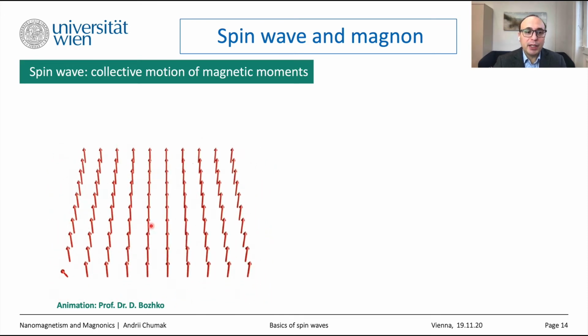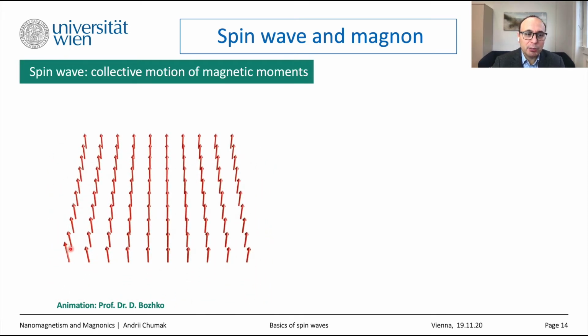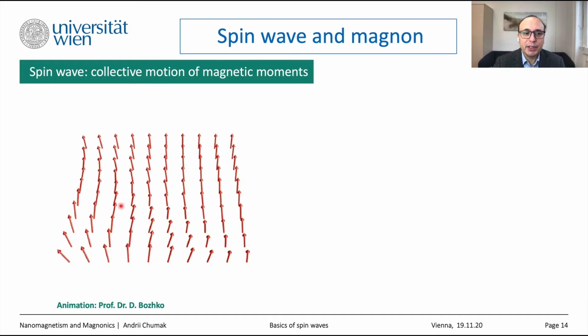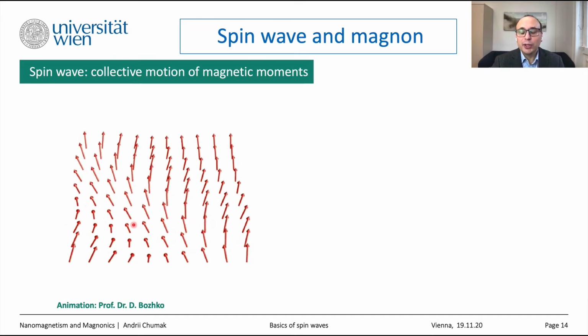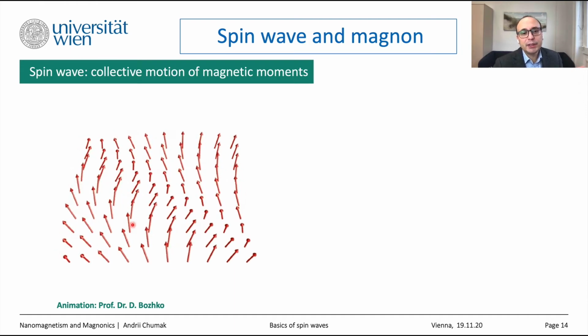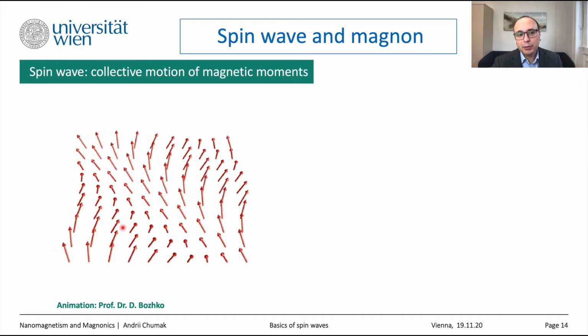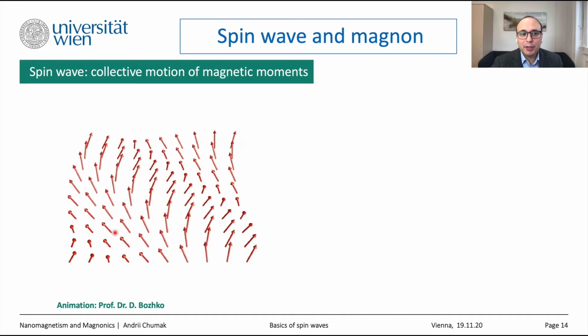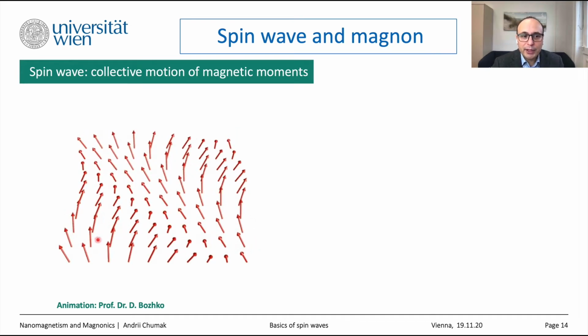And again, if it's a plain film, for example, there are many magnetic moments and they talk to each other, like it's shown here. It means that the neighbors start to move. You remember this animation with spinning tops, and this is exactly the same. These also start to precess, and we will get a wave propagating from this corner to this corner in this simple animation.